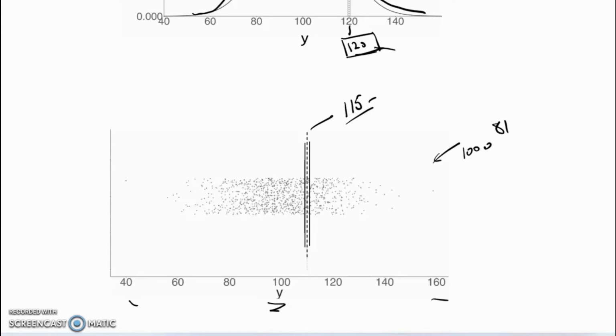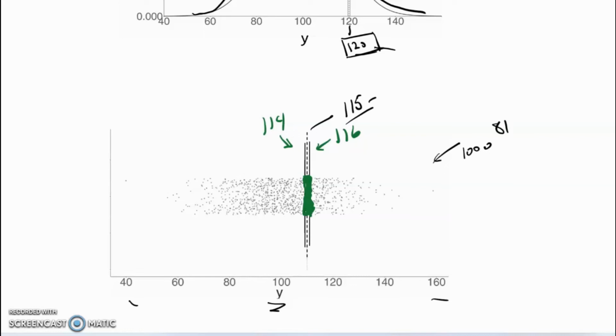What I can do, however, is draw in a line at 114 and a line at 116, those solid lines, and I can calculate the probability of one of those points lying between those two lines.